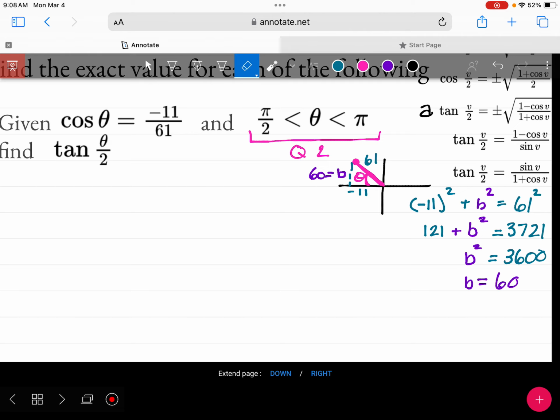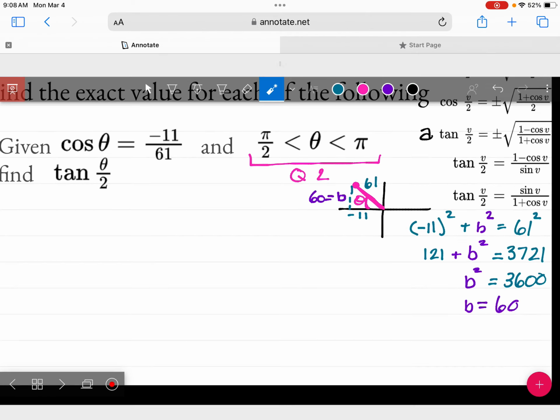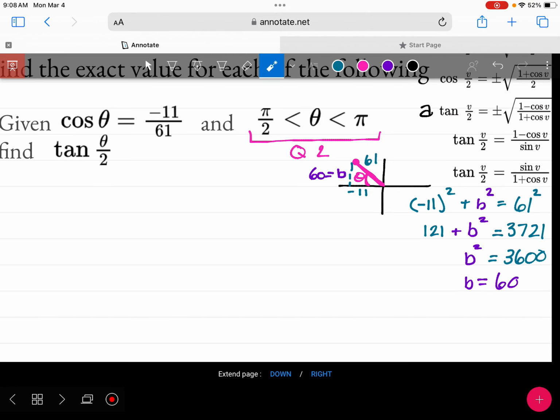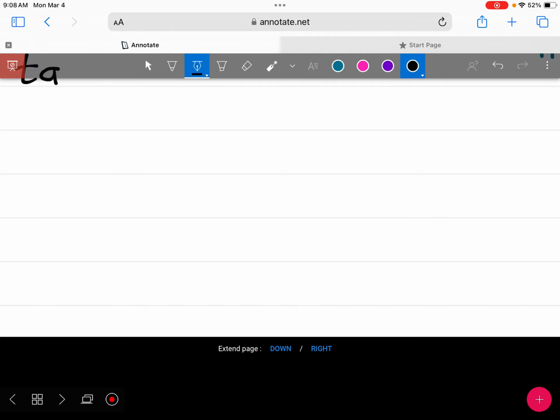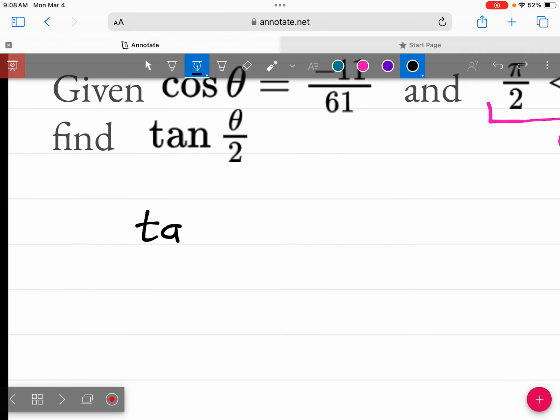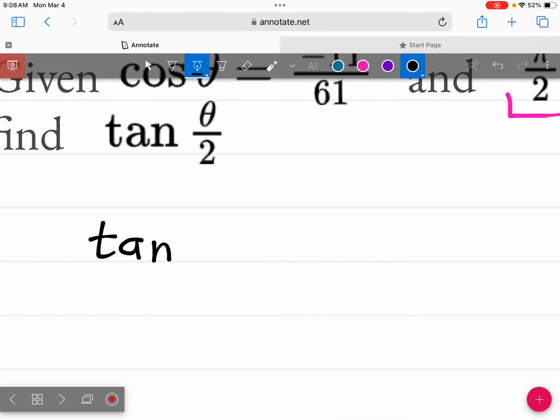So what we're going to do is take this half angle formula and substitute in the values we know. So we're going to do tangent of theta over 2.